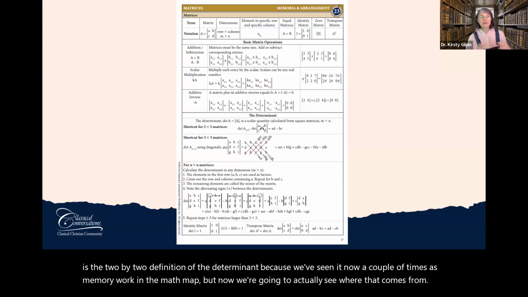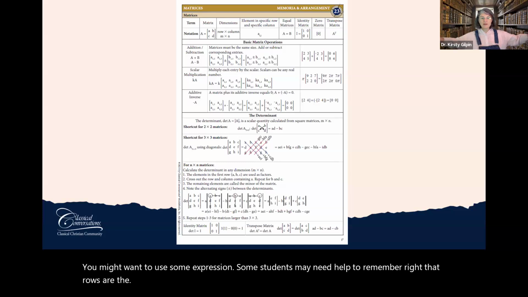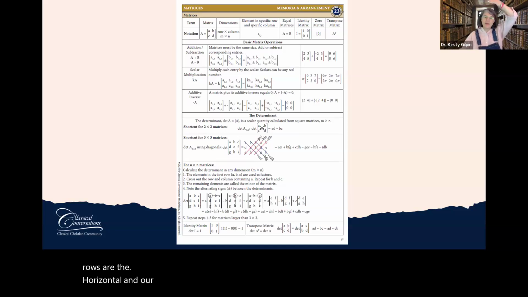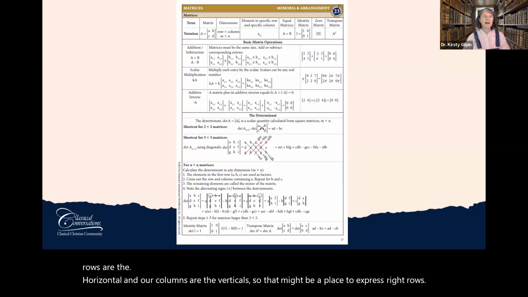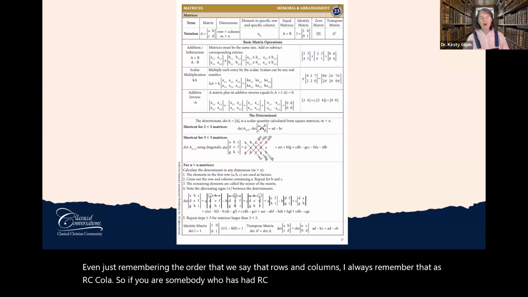Some students may need help to remember that rows are the horizontal and columns are the vertical. Even just remembering the order that we say that, rows and columns. I always remember that as RC Cola. So if you are somebody who has had RC Cola, that's how I always remembered what came first.